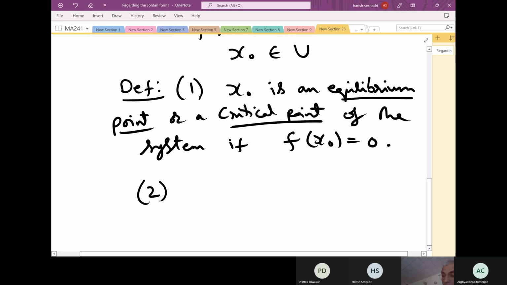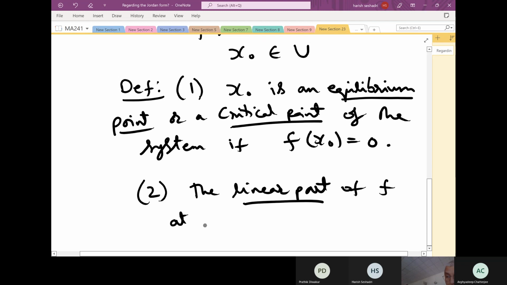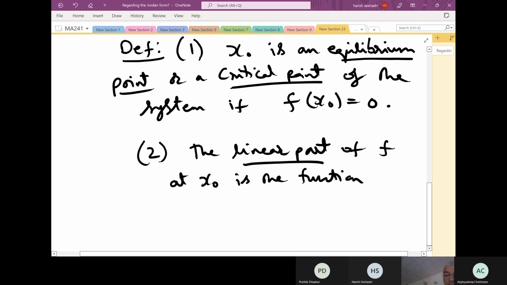The linear part. Now in the second definition, I'm already assuming x naught is an equilibrium point, f of x naught is 0.